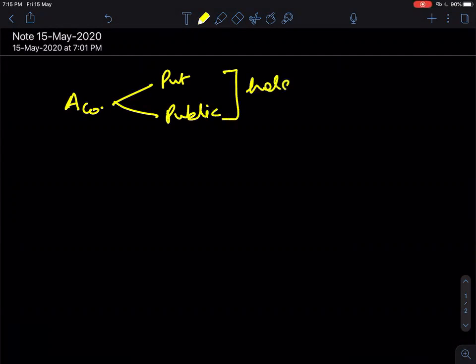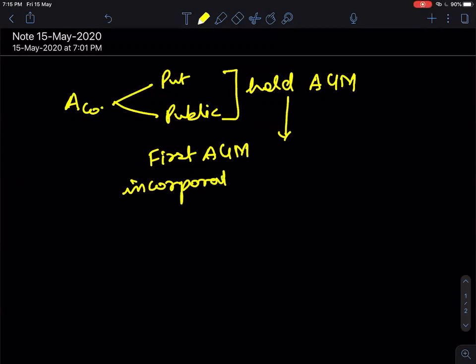Say a company, A Company Limited, may be a private company or a public company. They will have to hold an AGM. Say if it is the first AGM, the company is incorporated on 31st of December 2019.